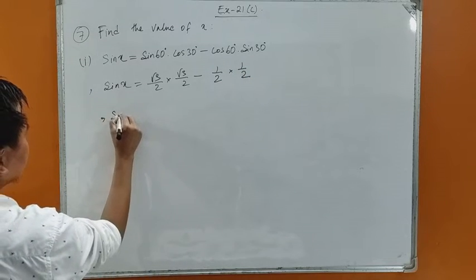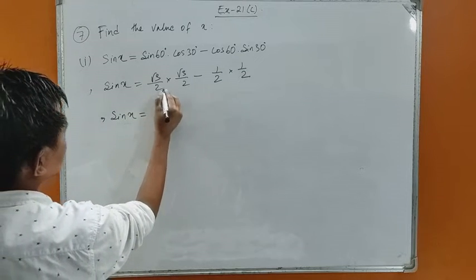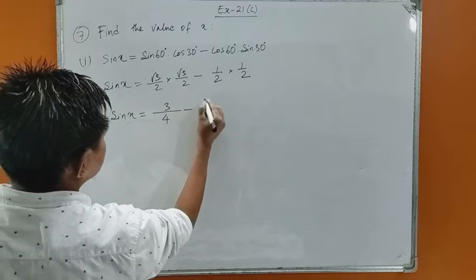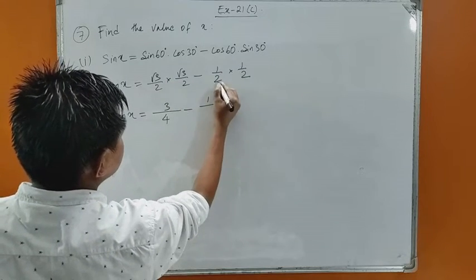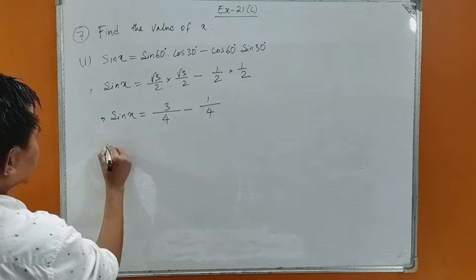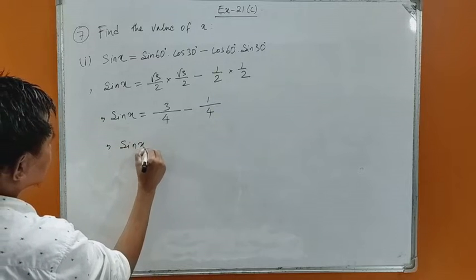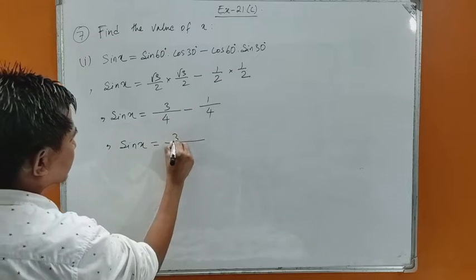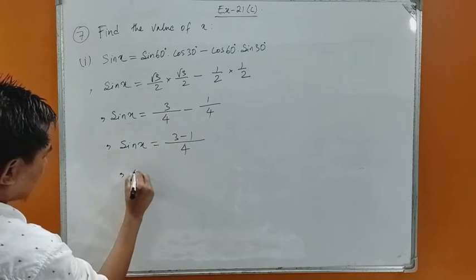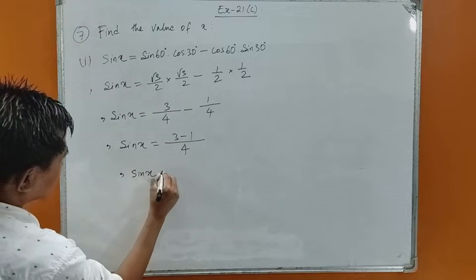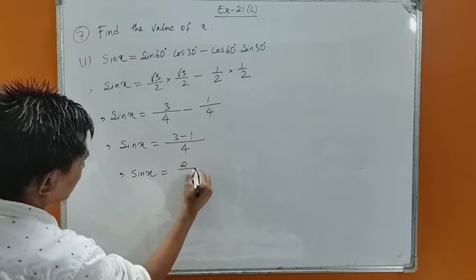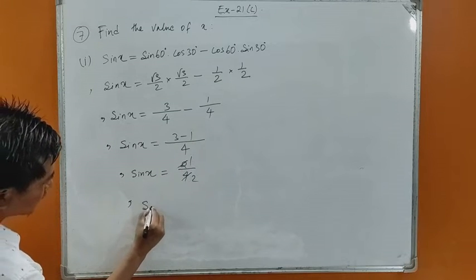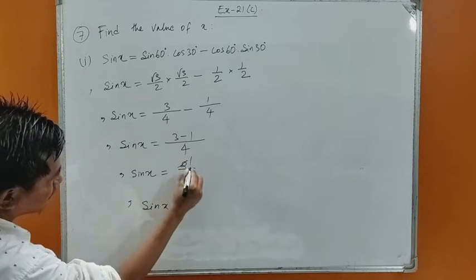Or sine x equals root 3 into root 3 is 3, minus 1, upon 4. Or sine x equals 3 minus 1 is 2 upon 4, or sine x equals 1 upon 2, isn't it?